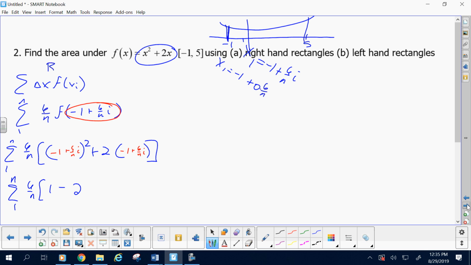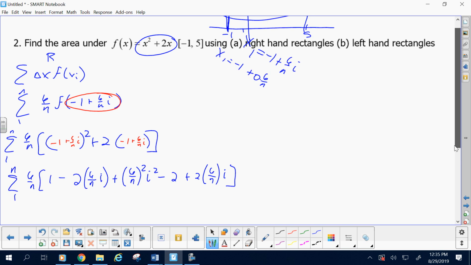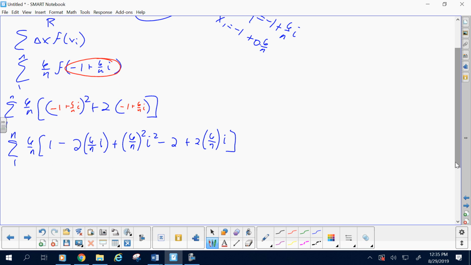Okay. So now I'm expanding this baby up, and I get +1 minus 2 6 over n i's plus 6 over n squared i squared minus 2 plus 2 6 over n i's. Do you agree with that? Yes?